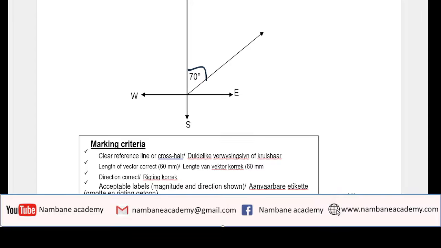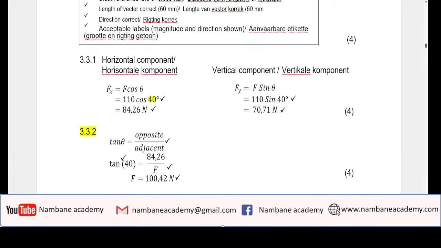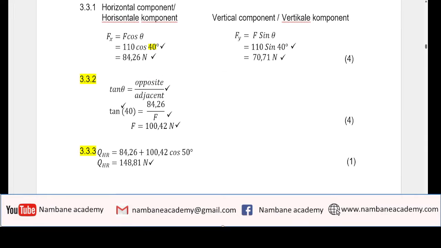Same question, 3.3.2, apologies. Ntate Nambane, the last time we had a memo discussion about this question, I remember the other teacher was speaking on behalf of learners that are doing mathematics, saying that we are disadvantaging learners that are doing pure maths because we are limiting them to answering only using cos and sine.